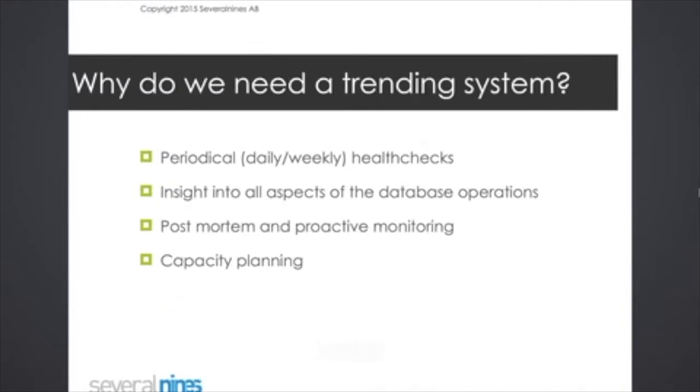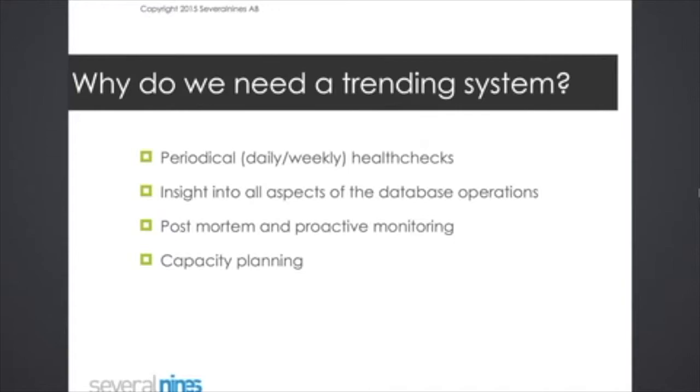So why do we need a trending system? Well, for starters, periodical health checks, something that a DBA or system administrator does on a regular basis, like daily or weekly. To go over the system, check whether everything is okay, if there are some anomalies, investigate if needed, this kind of stuff.